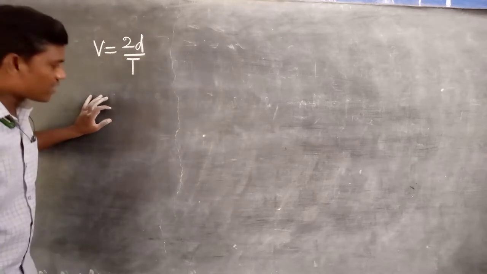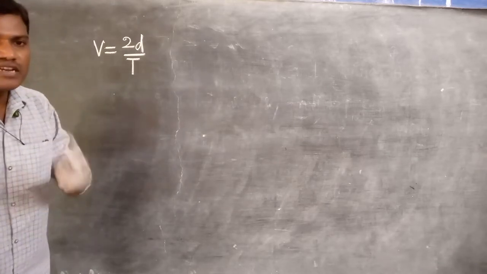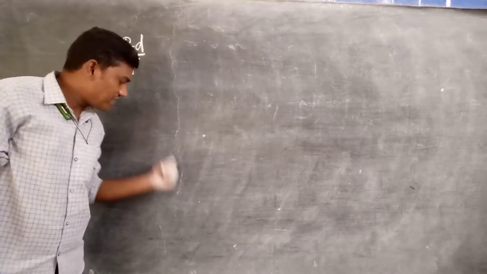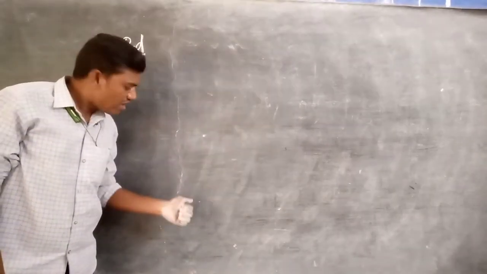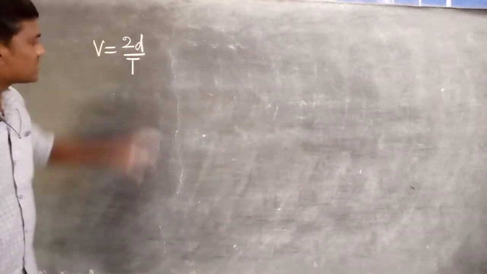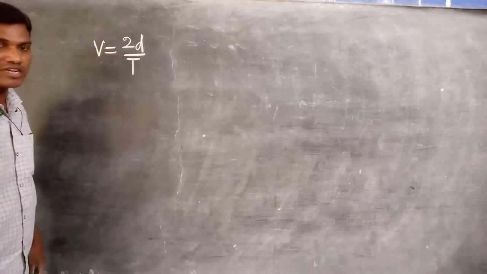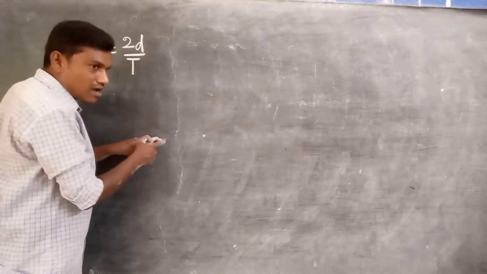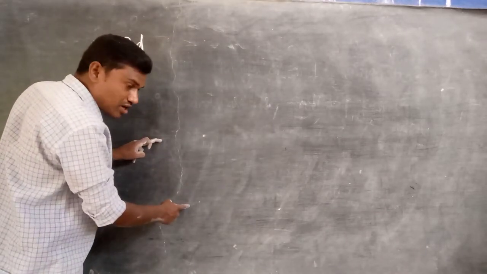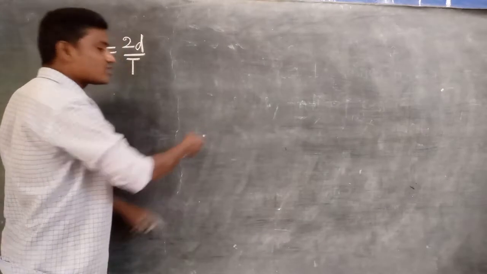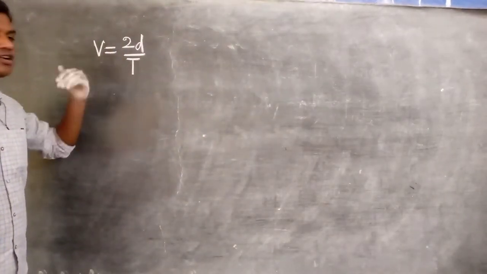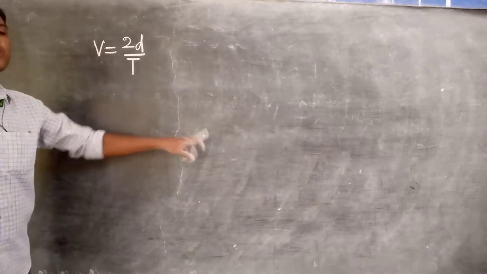The sound travels 2D distance, because from the transmitter to the fish is D distance, and after falling on the fish, from the fish to the receiver is D distance. Totally 2D distance is traveled by the ultrasonic sounds. Listen: from the transmitter, ultrasonic sounds are produced, they travel through the water, fall onto the fish, and again from the fish they reflect and reach the receiver. That's why ultrasonic sounds travel totally 2D distance from transmitter to receiver.